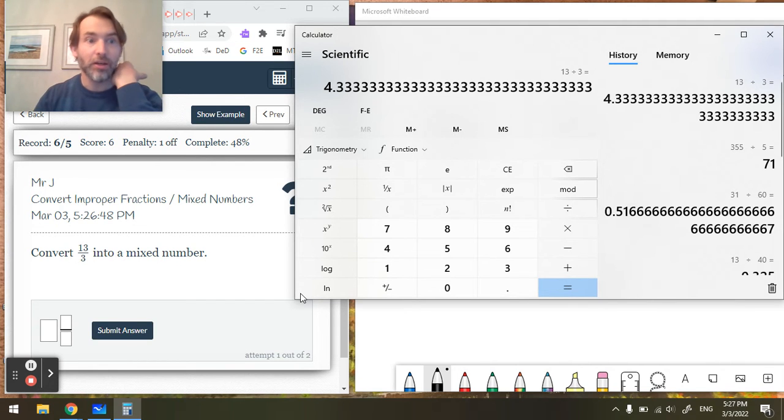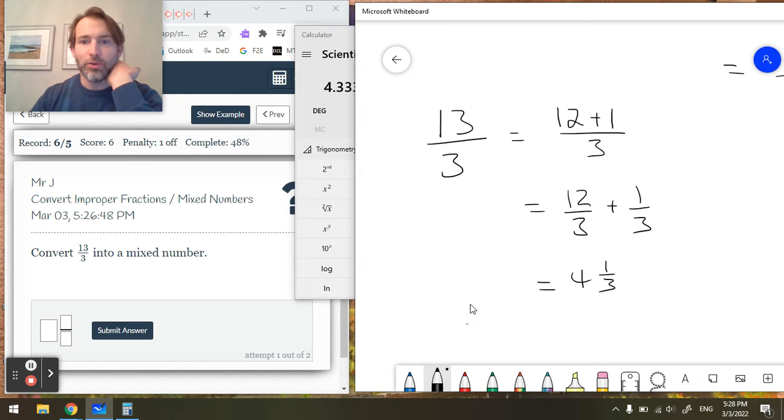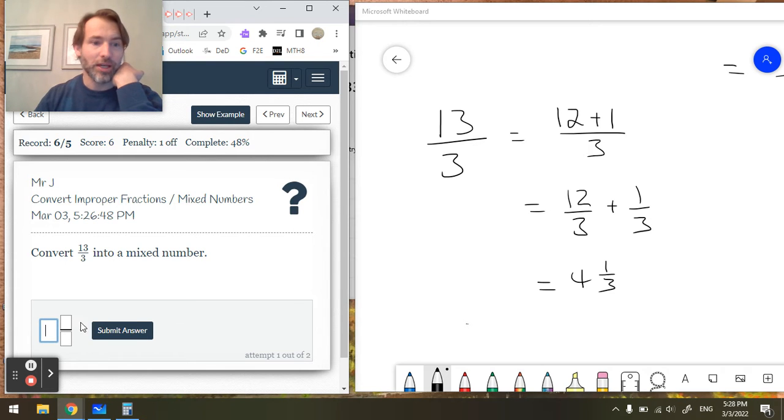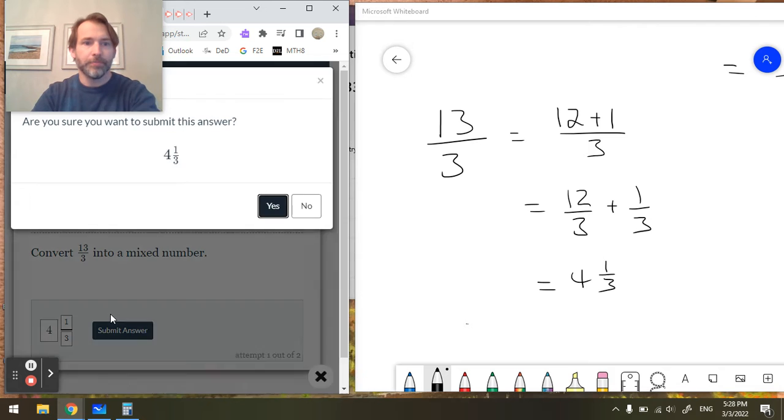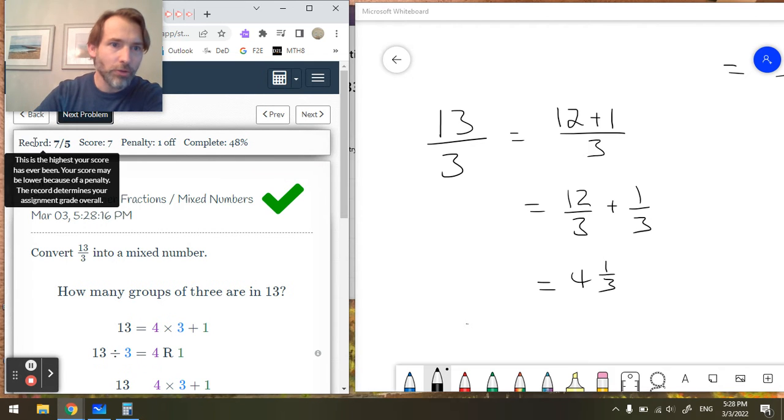Not quite 5, but a little bit more than 4. So I could do 4 times 3 is 12 and see 13 is 12 plus 1. It's another way I can find this number if I can't just spot it. So let's put that in. 4 and 1/3.